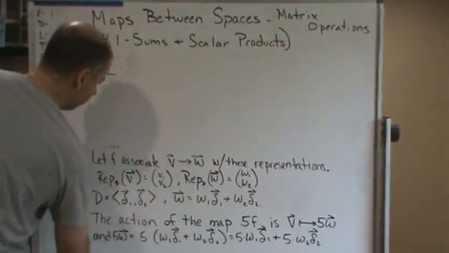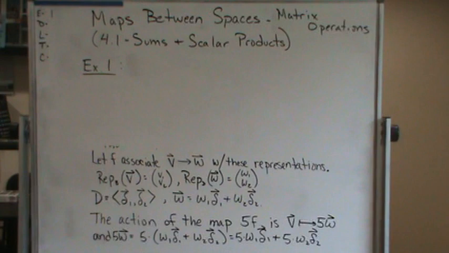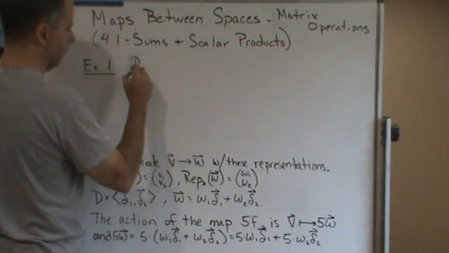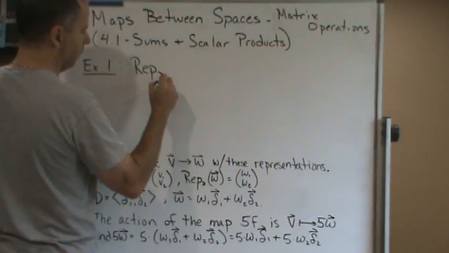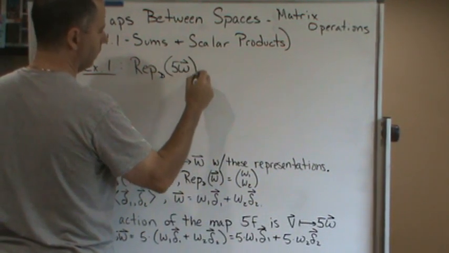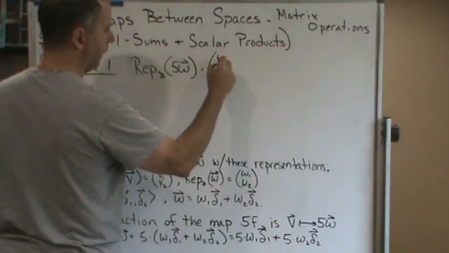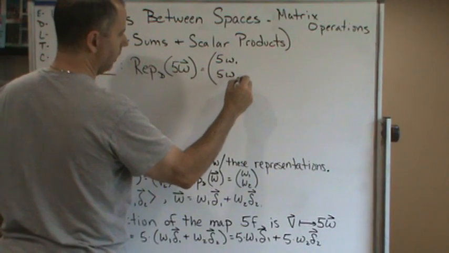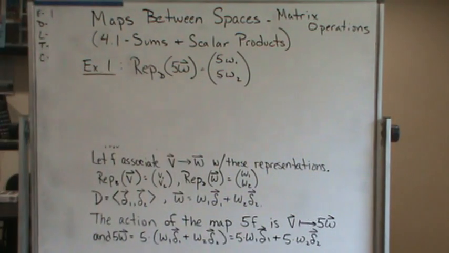Okay, so now we're going to use this representation for the output vector, which is 5w, and it is now given by this.